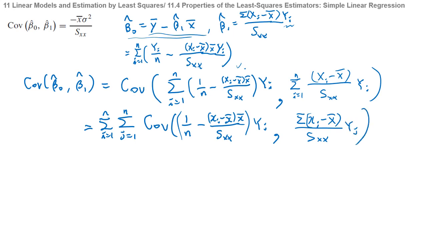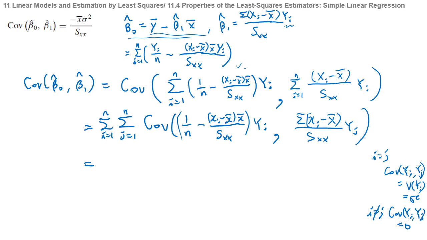Okay, and here again, if i and j are equal, then the covariance of yi, yj is the variance of yi, which is sigma square, and if i is not equal to j, then the covariance of yi and yj is 0.